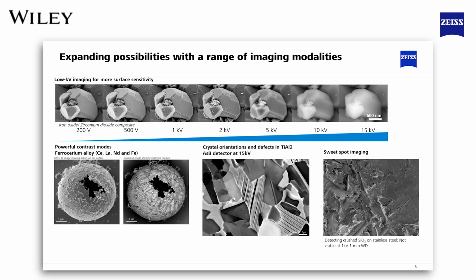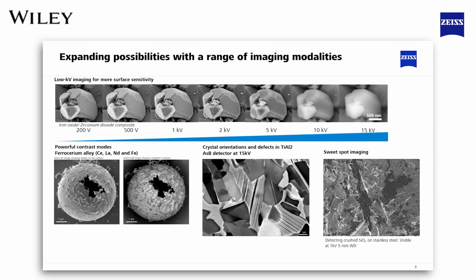And the center image shows use of the ASB detector to give superior contrast on a titanium aluminum alloy. Lastly, we have an example with sweet spot imaging, which allows you to play with contrast based on a combination of working distance and kV. So here you can see, as we change the working distance, you can see different phases.